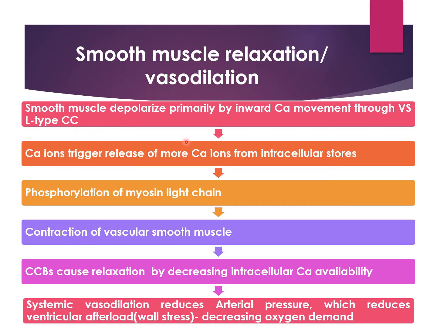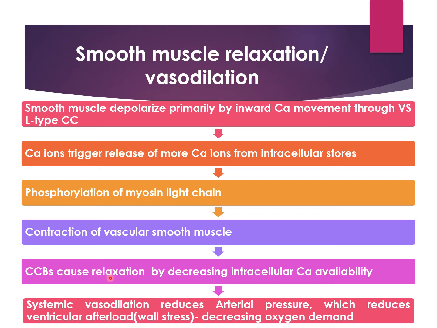The calcium ion triggers the release of more calcium ions from the intracellular source such as sarcoplasmic reticulum, and this leads to phosphorylation of myosin light chain, which activates the actin and myosin coupling, and thus that leads to contraction of vascular smooth muscle. So this is the basic mechanism.